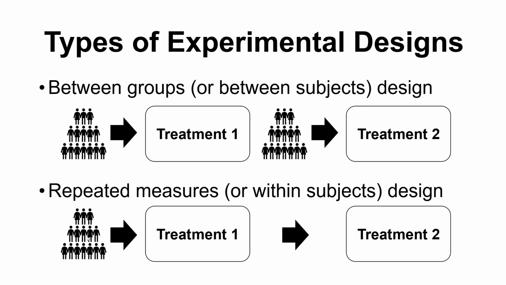But if we only have one group to begin with, then we don't have to worry about that because the people who are receiving treatment 1 are the same people who are receiving treatment 2. So all of those individual differences, all of that variation because of the people themselves, doesn't change between exposures. We're basically using these people as their own controls.